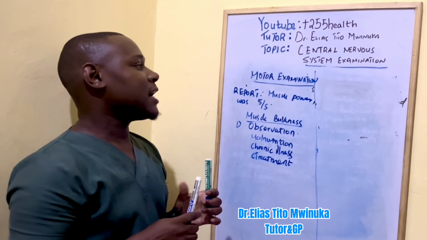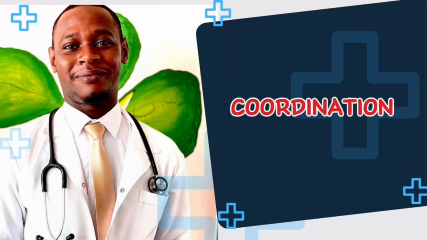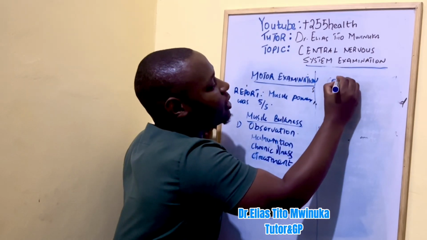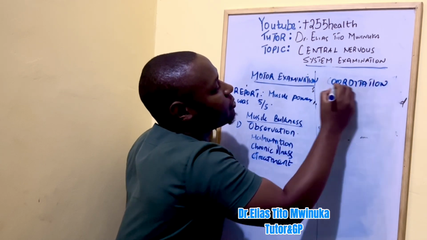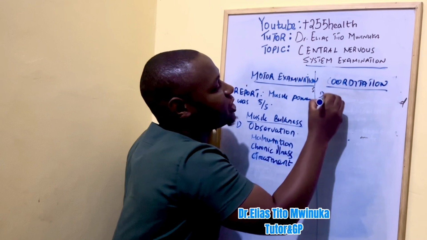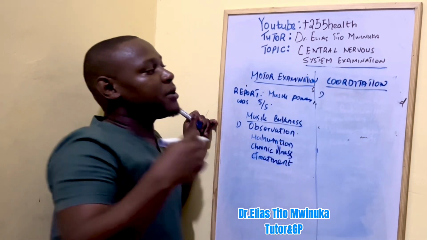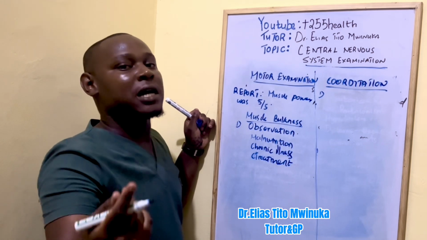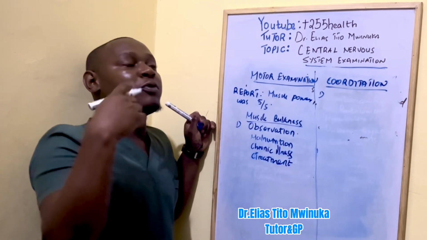And then after that, we should also check for coordination. Very important. So in coordination, what do you actually look for? You're checking the ability of the patient to actually coordinate the motor actions. For example, there's a normal system someone can use.